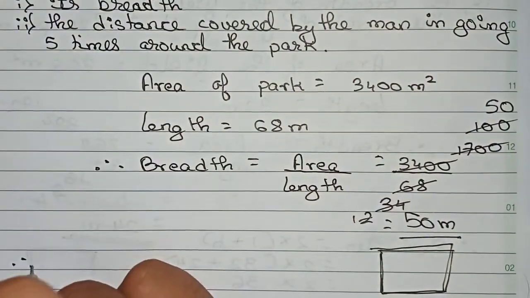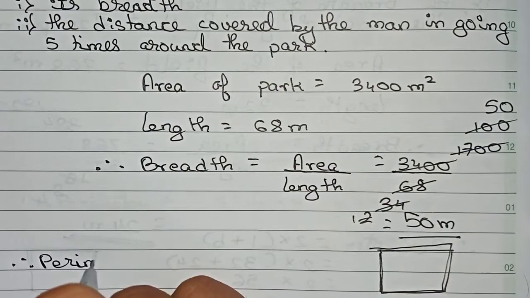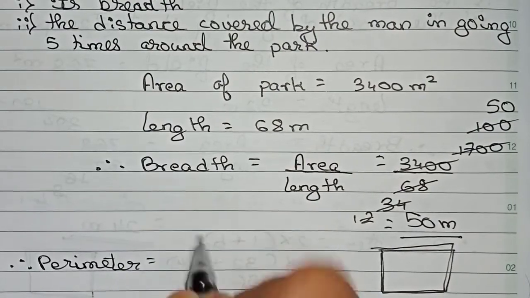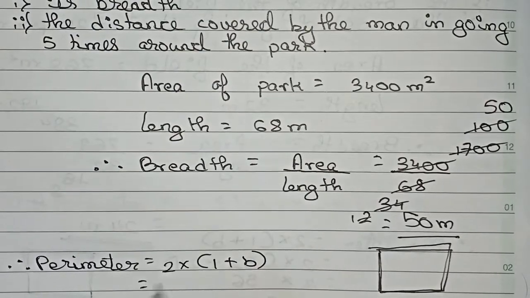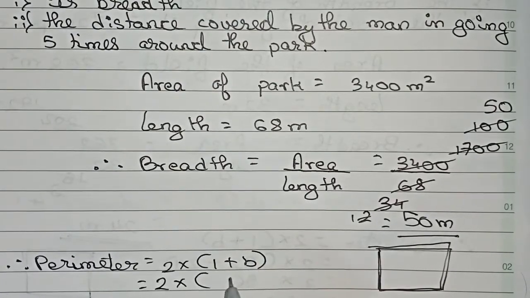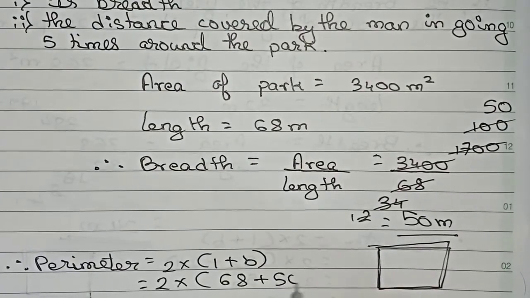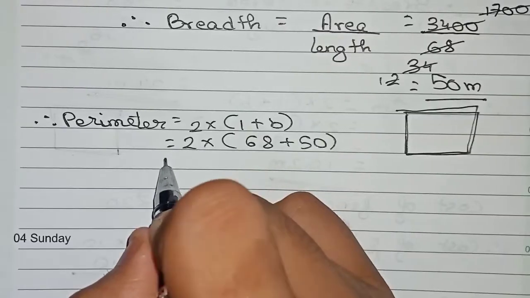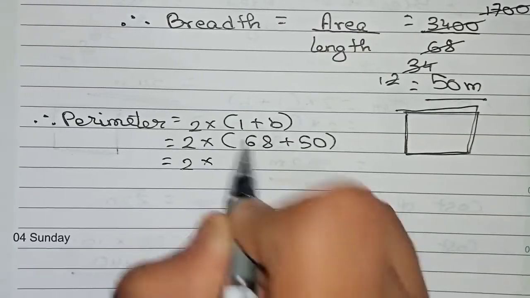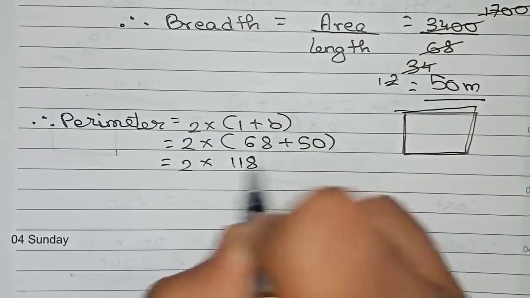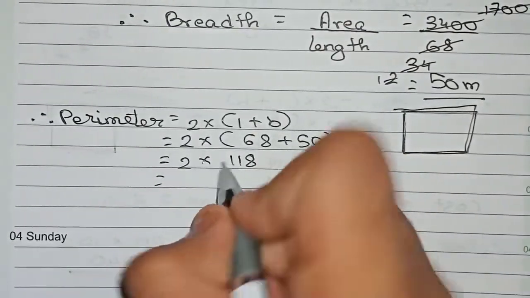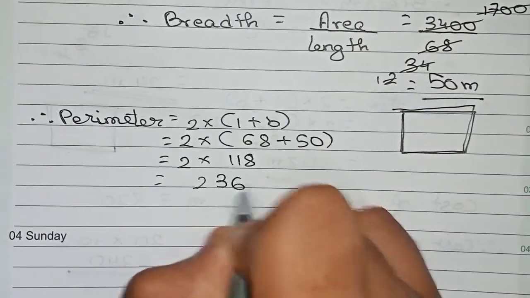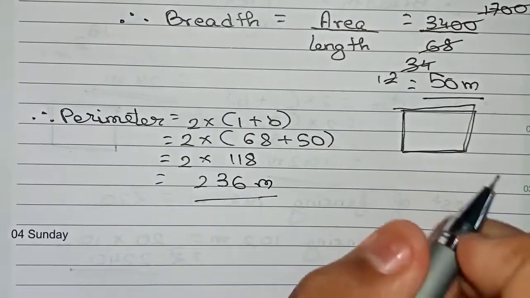So write the perimeter equals, the formula is 2 into length plus breadth, which equals 2 into 68 plus 50, which is 2 into 118. 68 plus 50 is equal to 118, and 2 into 118 is equal to 236 meter. So this is the perimeter.